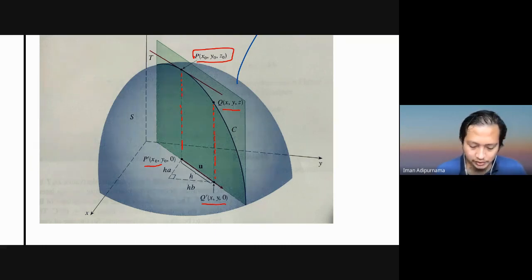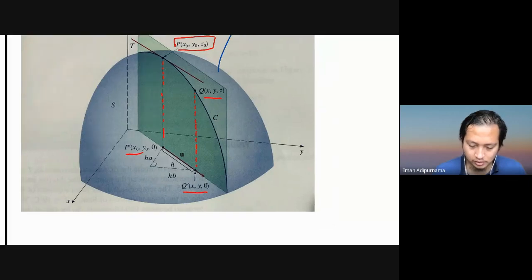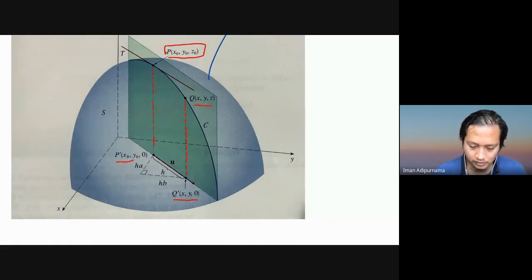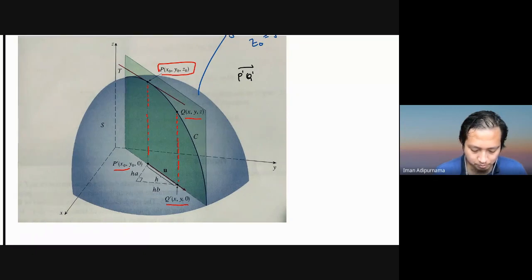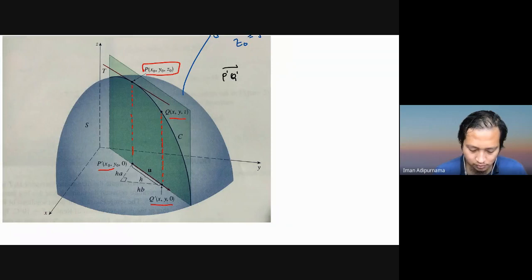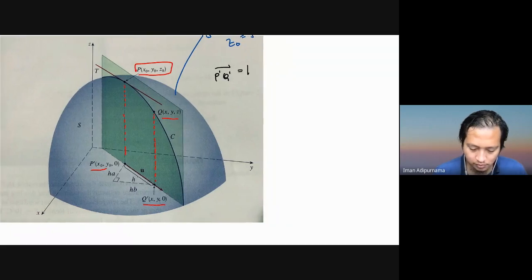So we can find the length. I mean, maybe right here. So we can find the vector p prime and q prime. This is scalar and then vector.